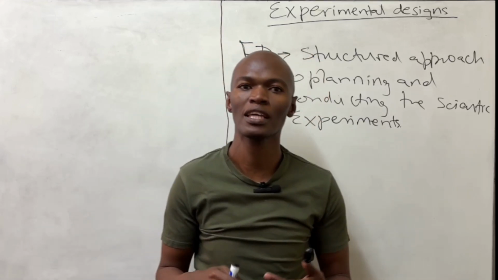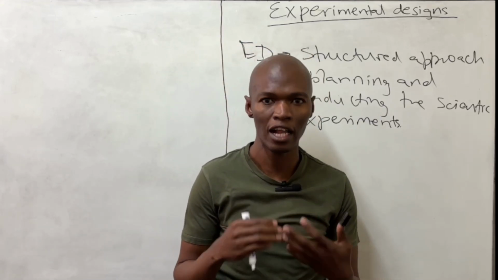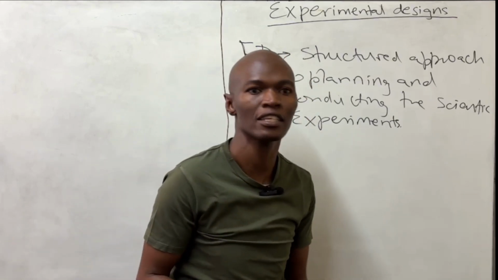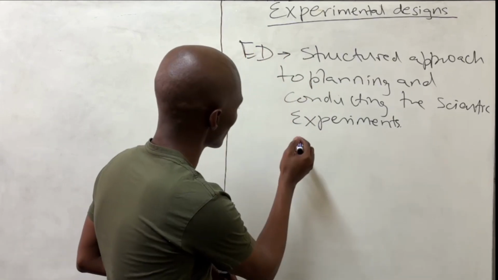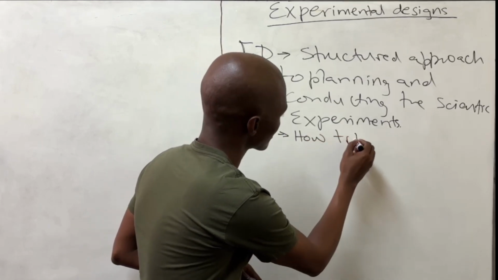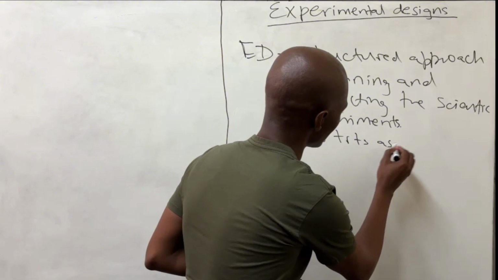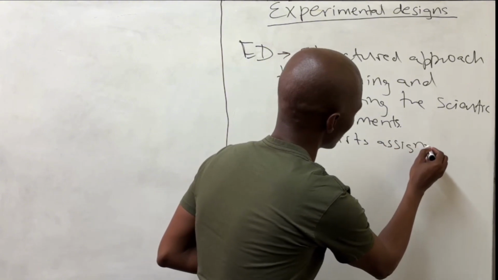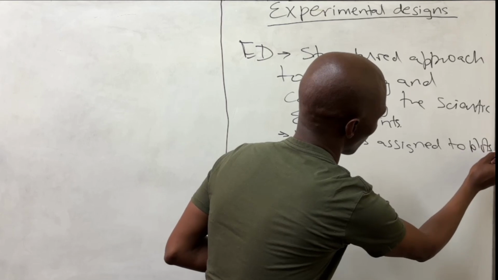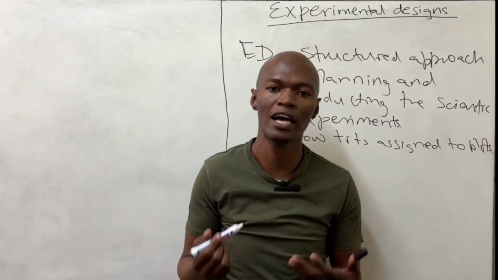So when we are doing the experimental design, it helps us to deal with how the treatments are assigned to plots, or to your pens if you are doing the animal experiment.